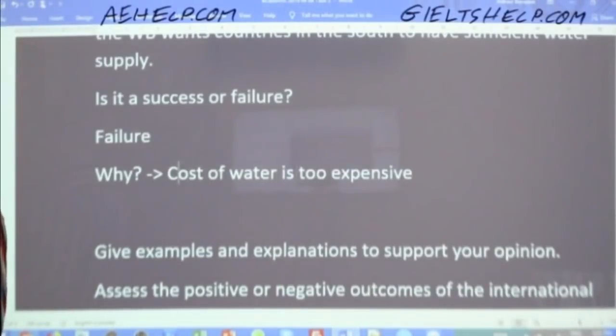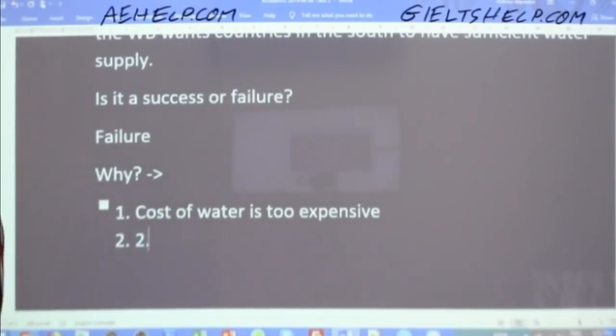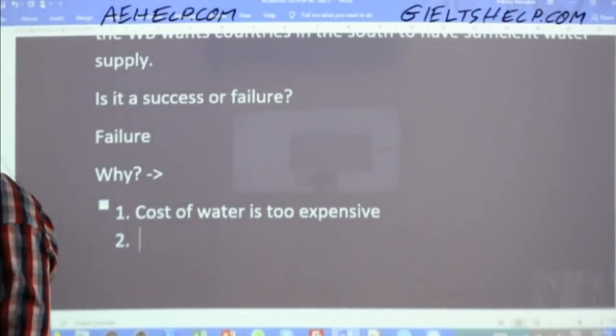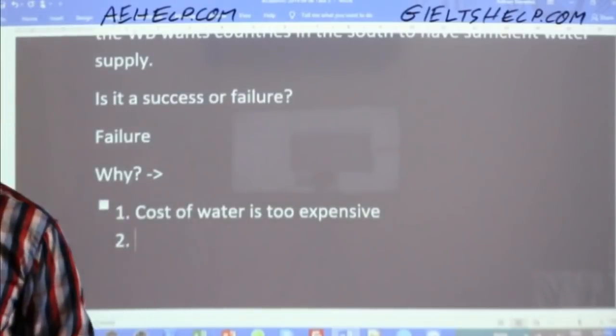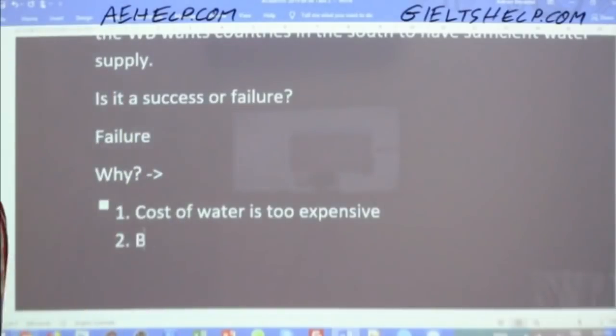Cost of water is too expensive? Sure. All right. So that's 1 point. And give me another one. Okay. Because there's still scarcity in many regions.